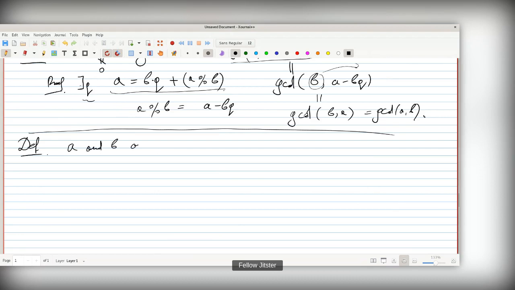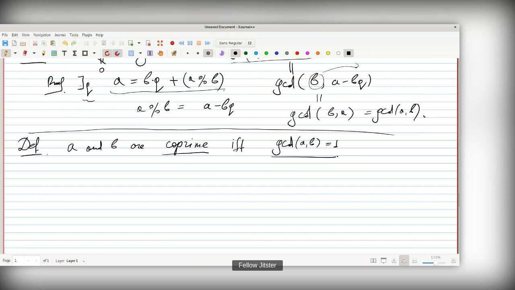A and B are called coprime, like prime, but with this prefix co, that is prime to each other, with respect to each other. A and B are coprime if and only if the greatest common divisor equals 1.